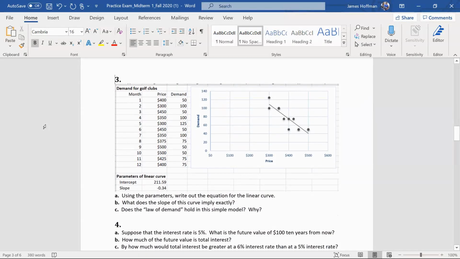You get 12 months of data, with different prices and the demand associated with the prices of those golf clubs. Then I estimated the trend line in the graph over here, and I got the parameters. All you have to do is use those parameters to answer questions A, B, and C.